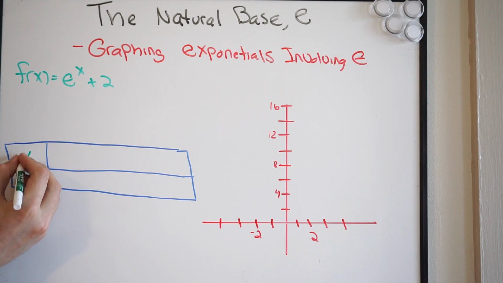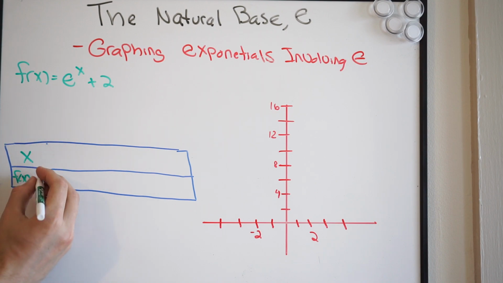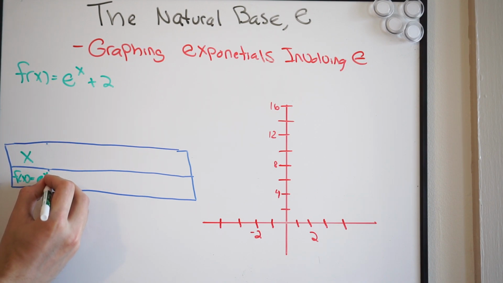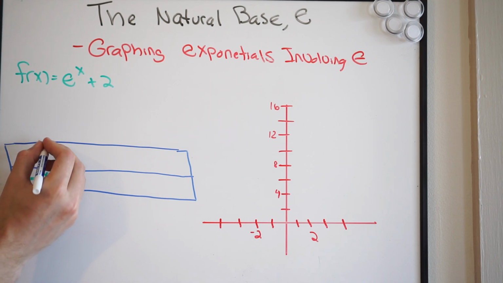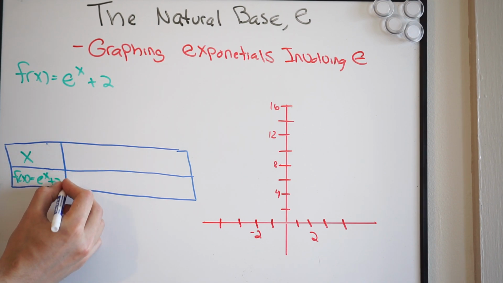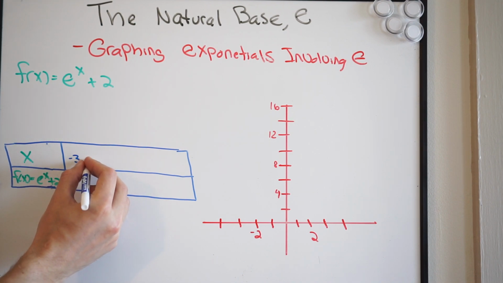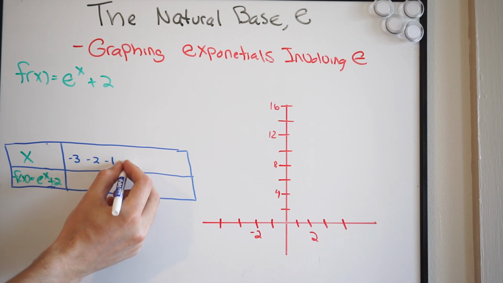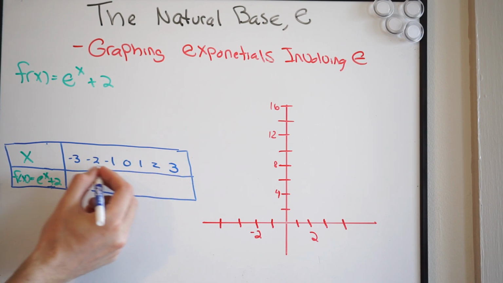And we'll have x up top, and then we'll have our function on the bottom, so f of x equal to e to the x plus 2. Essentially all we're doing is making a table of values here. And we'll start at negative 3. We'll go to negative 2, negative 1, 0, 1, 2, and 3.